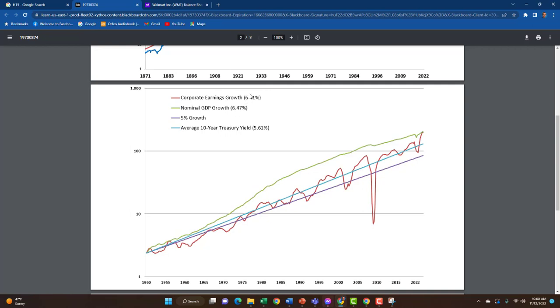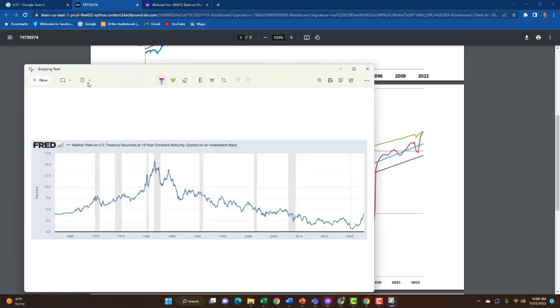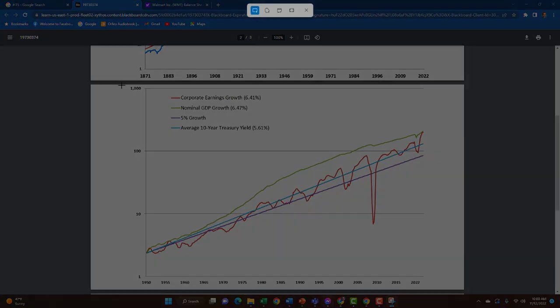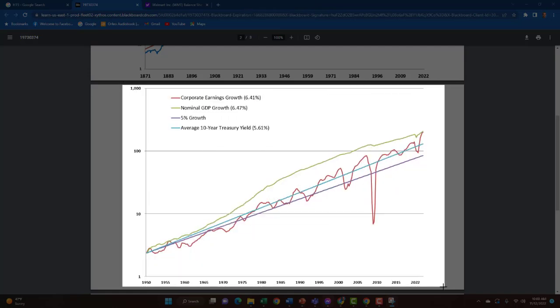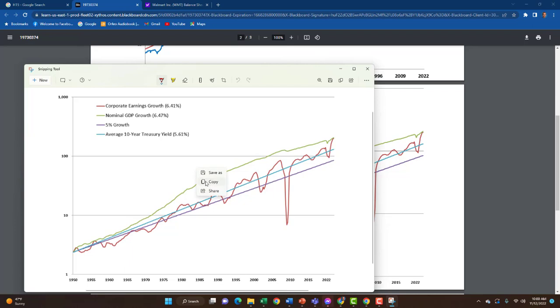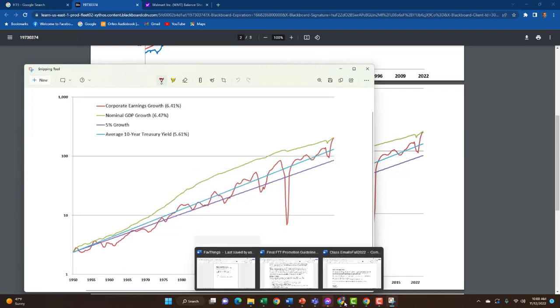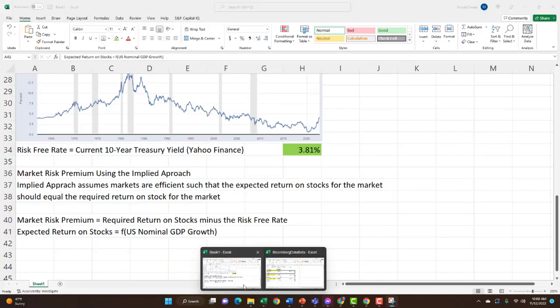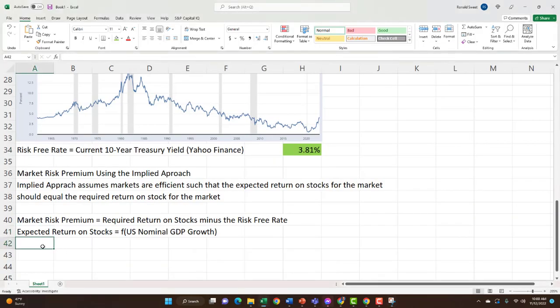So corporate earnings growth has been a little slower than the economy, mainly because this red line is the S&P 500, which are large companies. So there's probably some smaller companies that are providing extra growth. But we can certainly put this into the paper as justification that we're going to use economic growth as our proxy for corporate growth.